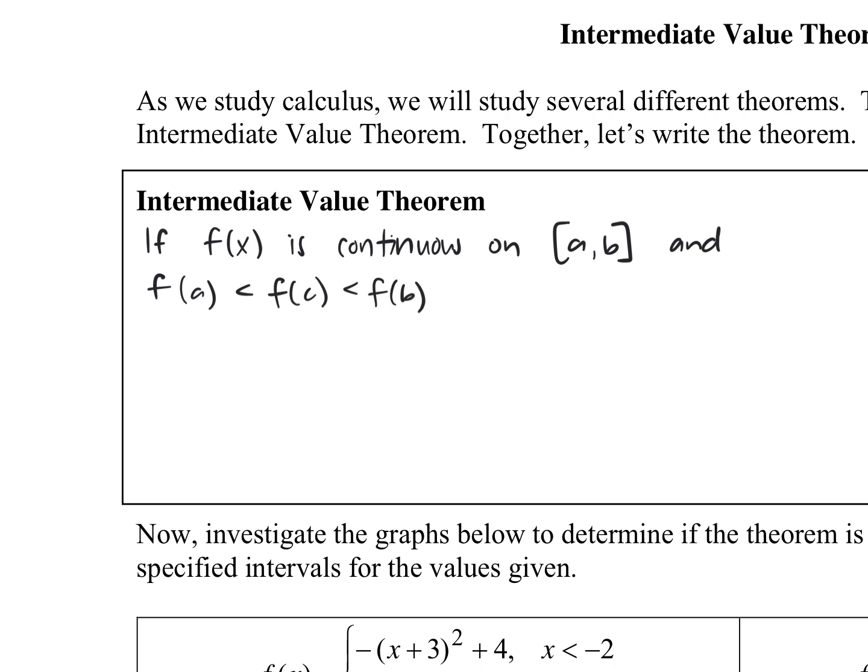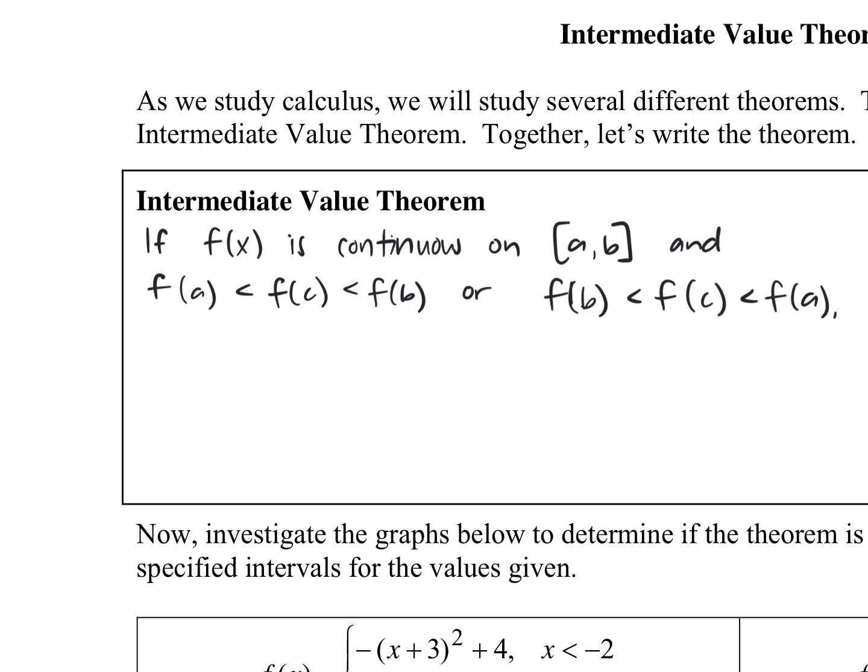But it could also be written the other way as well, okay? It could also be written like f of b is less than f of c, which is less than f of a. Okay, these are basically just two things showing, is my function increasing or is it decreasing, okay? But it has to be in between those two values, those two y outputs.